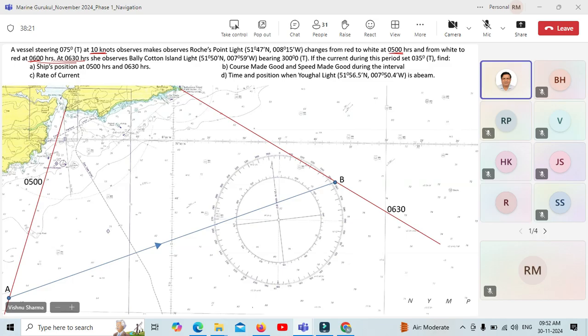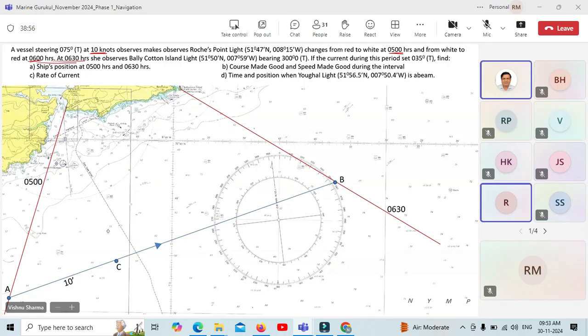You will open your compass 10 miles, put the compass at A, or you can use the divider, that's up to you. Put the compass at A and cut a point on the CTS line, and that point will be point C. So where has C come from? C has come from A, at a distance corresponding to the engine distance in the interval between first and second PL.